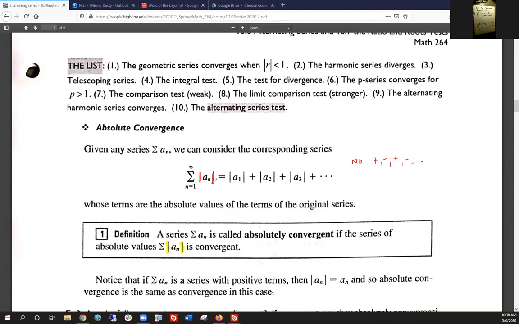If a series converges with the absolute value, then we call it an absolutely convergent series.